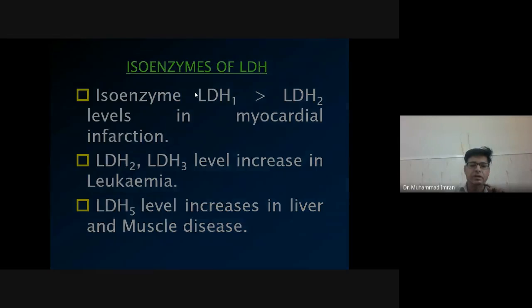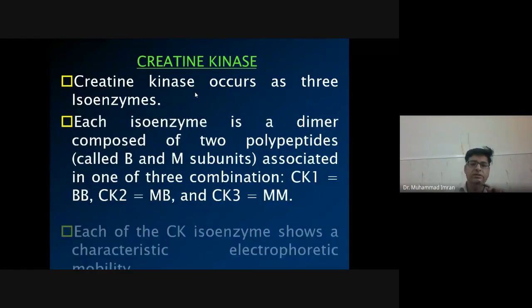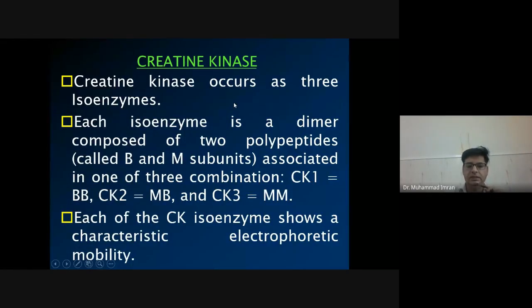We have another isozyme which is known as creatine phosphokinase. It is a dimer enzyme, which means it is made up of two subunit protein. CK1 contains BB subunit, B for brain. It means it is present in a good amount in the brain.